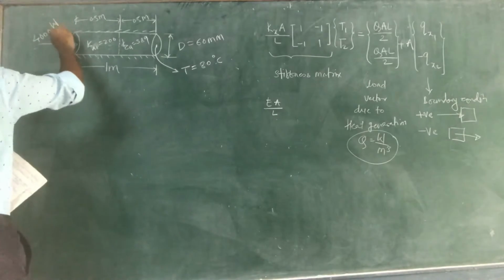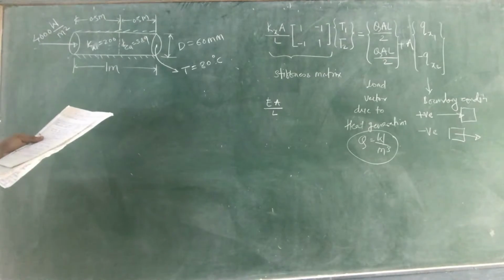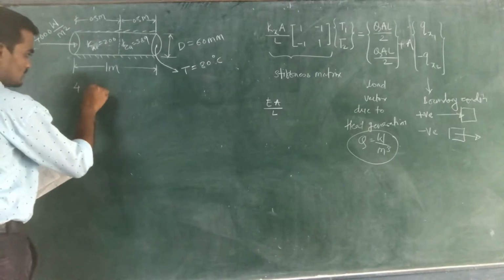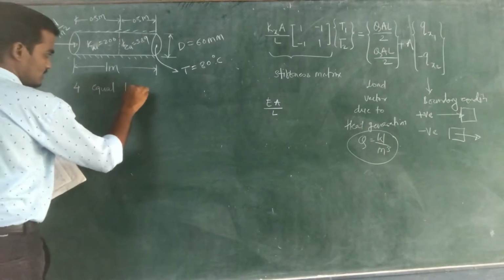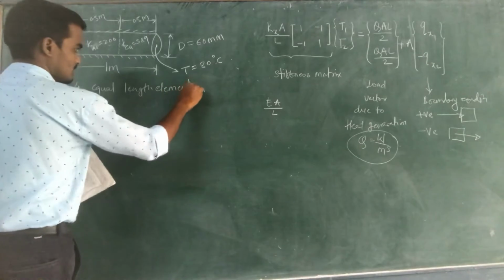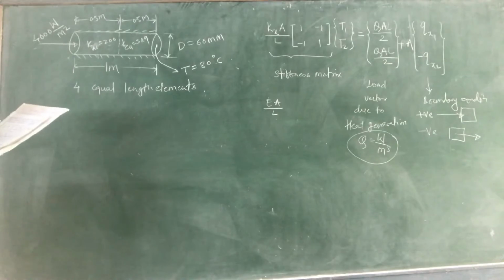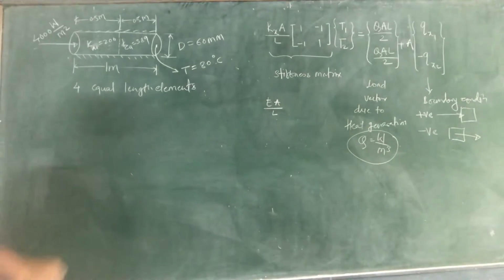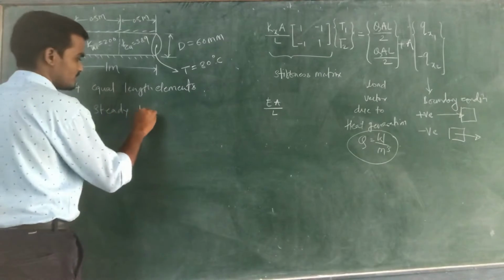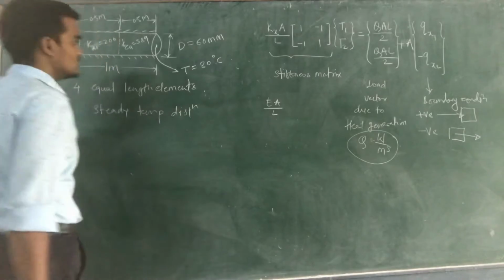Using 4 equal length elements, determine the steady state temperature distribution in the cylinder.